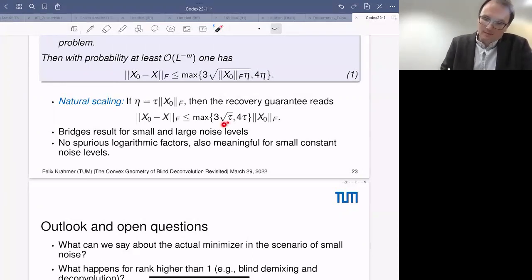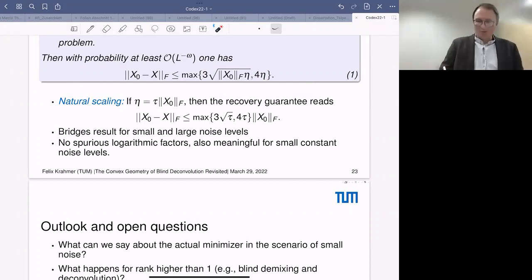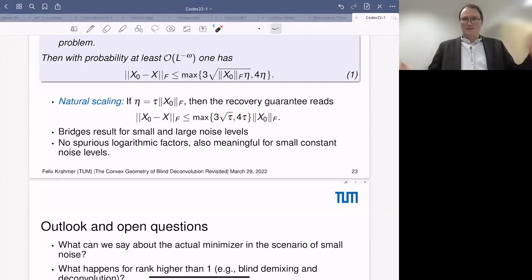That would mean that if this noise level is as small as 1 over the dimensional factor, or 1 over the square of the dimensional factor, then you can think of this to be a tau times this dimensional factor. So that's how you can see that these things are not in contradiction to each other.